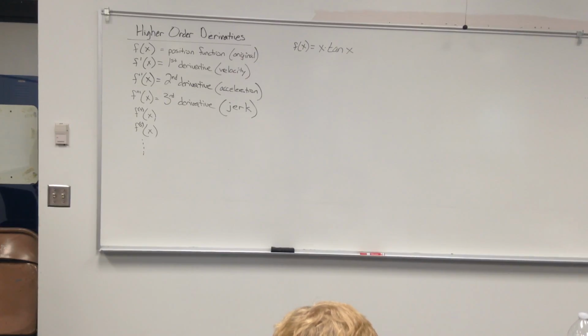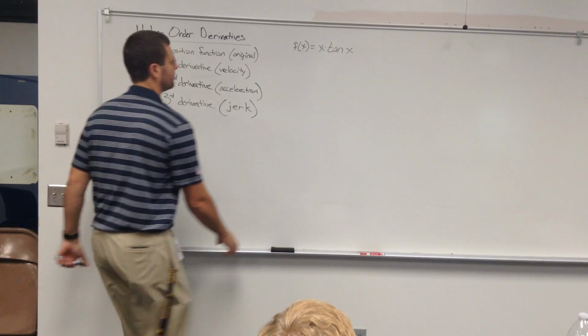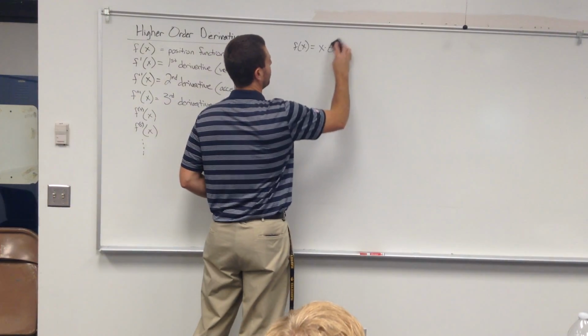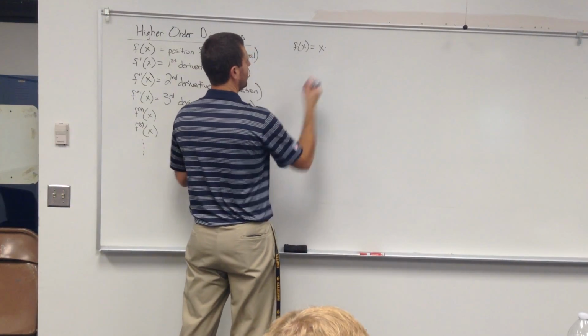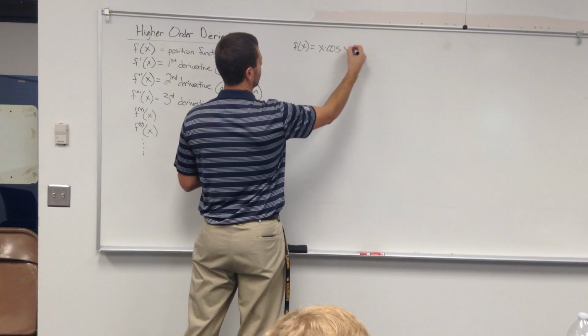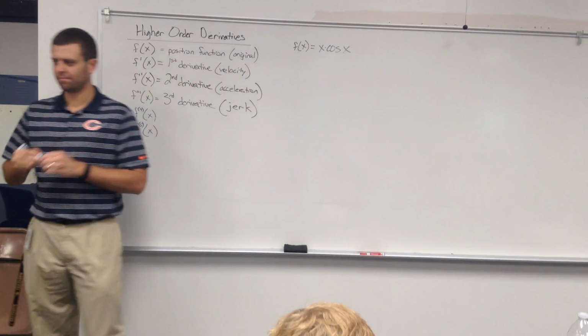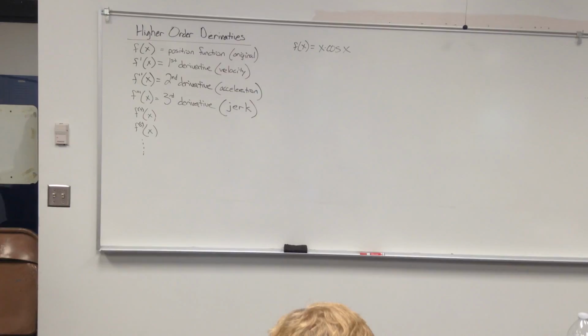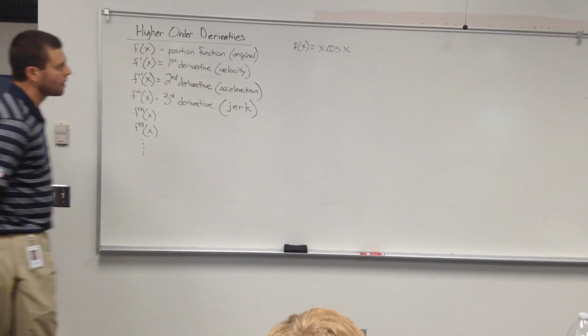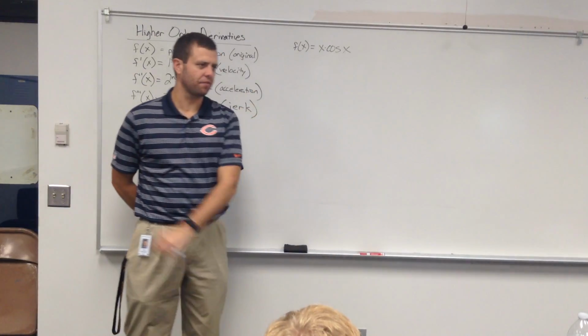Never mind. That's going to require a chain rule to do the second derivative. Let's do this. To do the first derivative, what are we going to have to do?